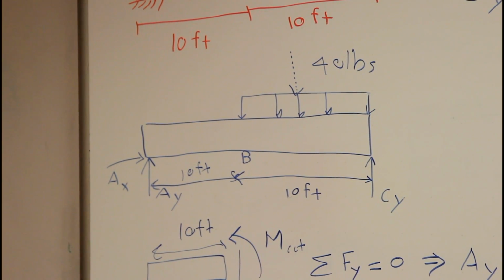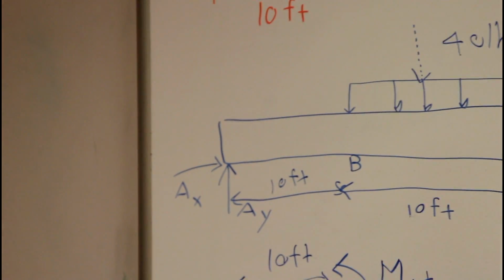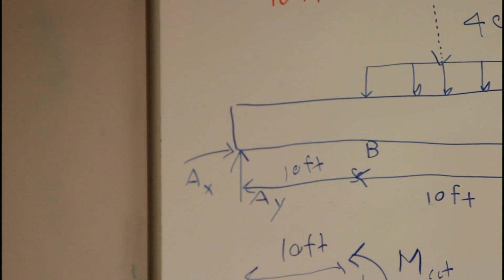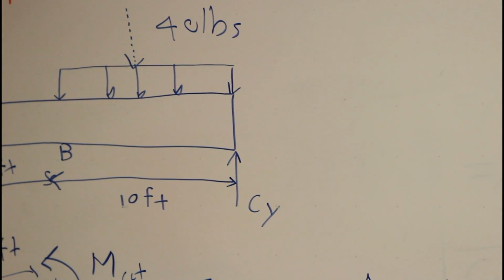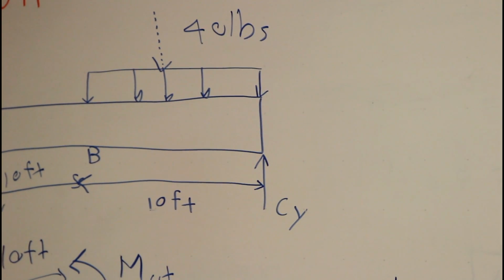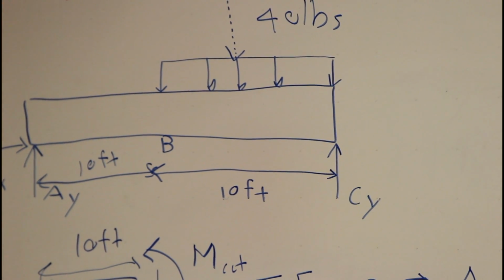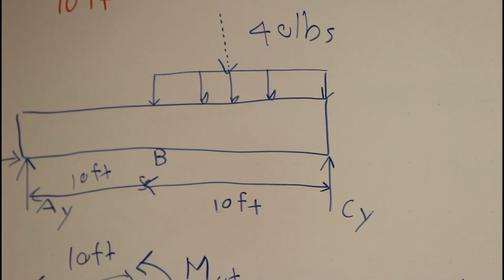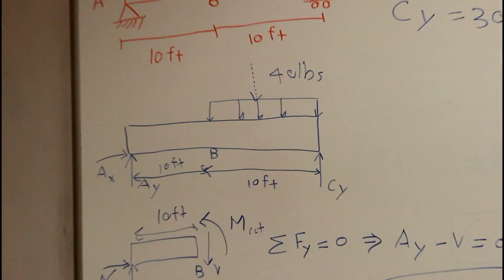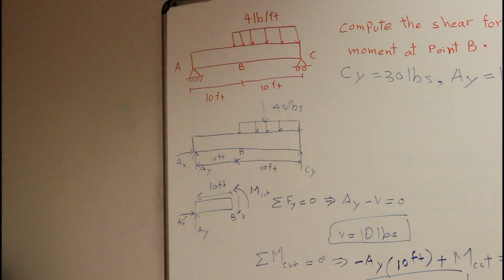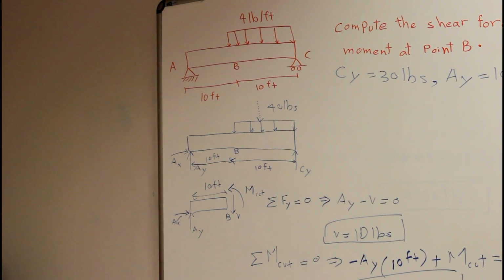Anyway, the first thing we want to do is draw the free body diagram of this problem. As we can see, we draw our X and Y forces at A because we have a pin, and this is why it has two forces, one in the Y direction and the other in the X direction. And we have one force on C because we don't have a pin, we have a pin with wheels.